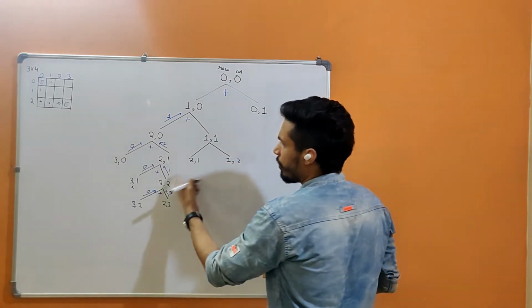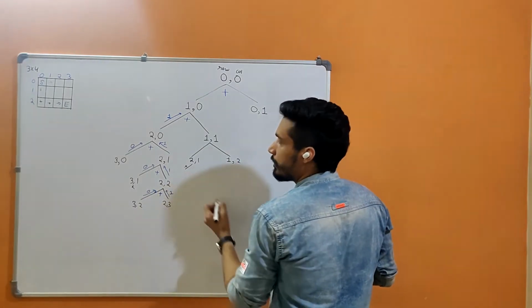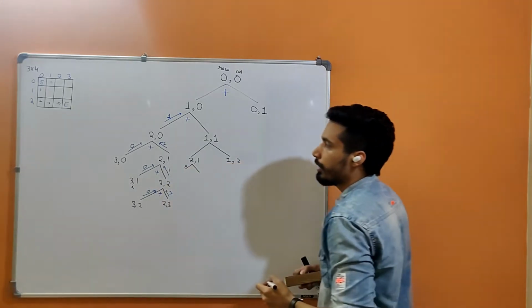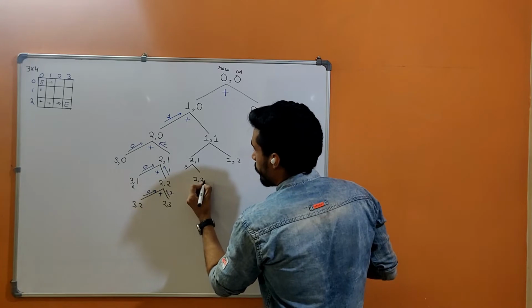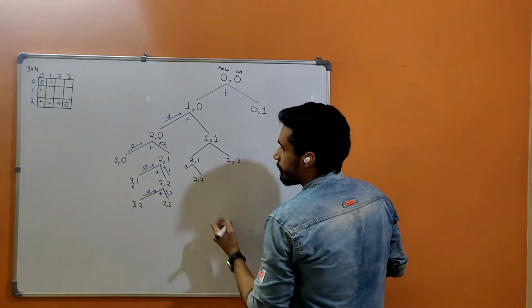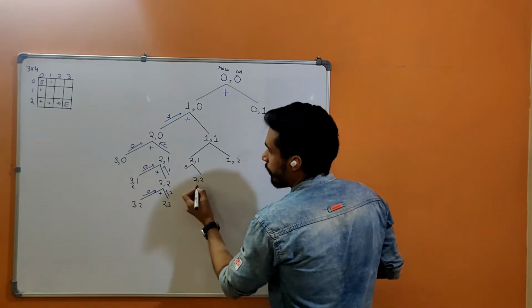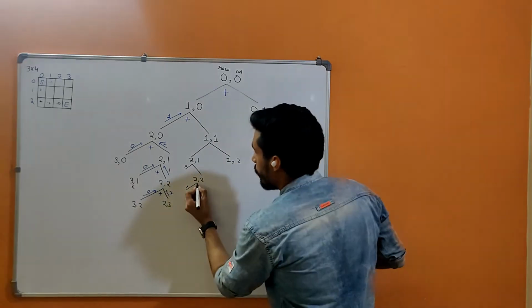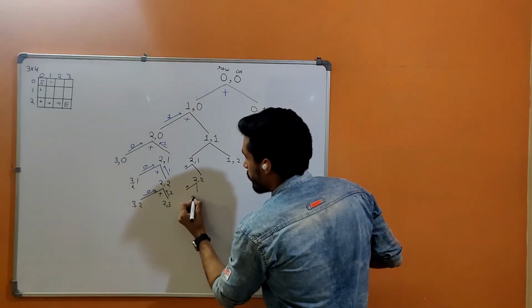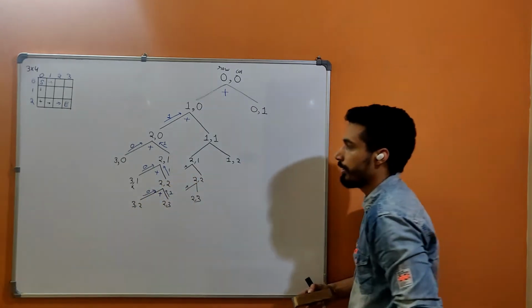From 2 1 I cannot go towards down, I can only go towards the left side of the matrix, that is 2 2. From 2 2 also I cannot go towards down, I can only go towards the left, that is 2 and 3, right?